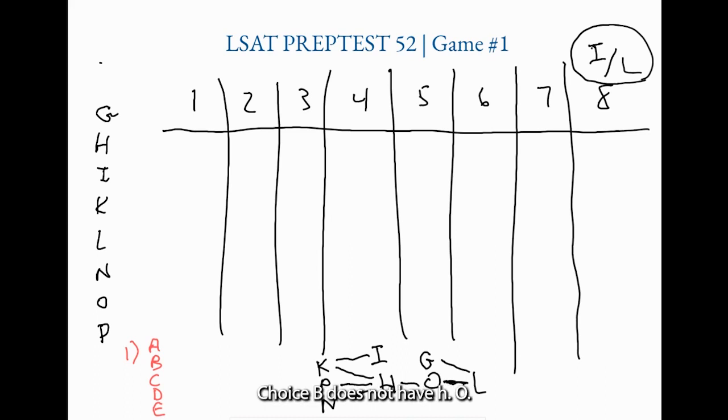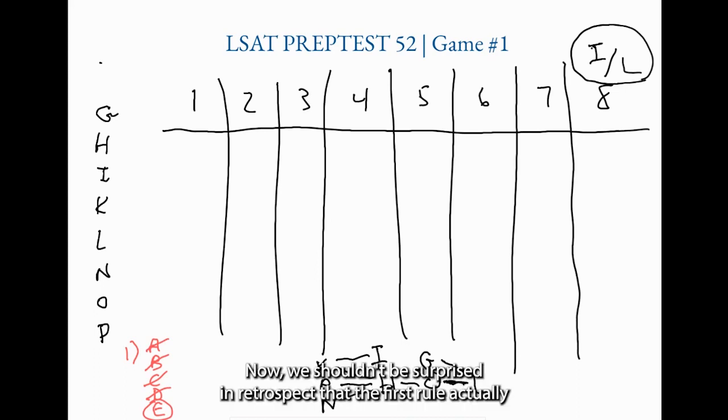Choice B does not have H, O, L. Rather, it goes L, then H, then O. As we continue down the rules, it says that L is after G, or G before L. That's violated by choice D. N is before H, is violated by choice C. And I after K is violated by choice A. Looks like the answer is E for number 1.